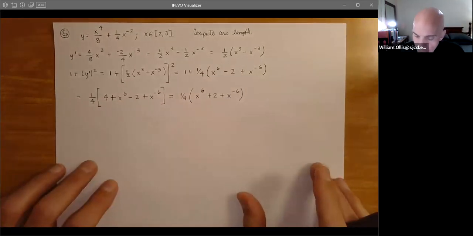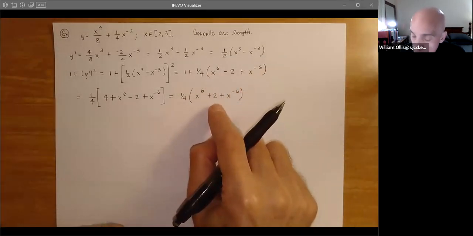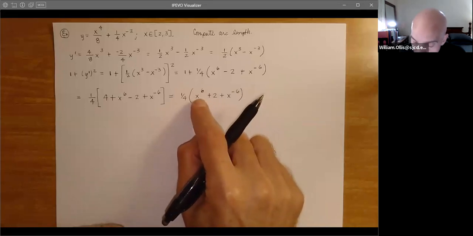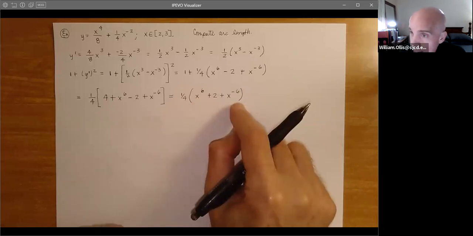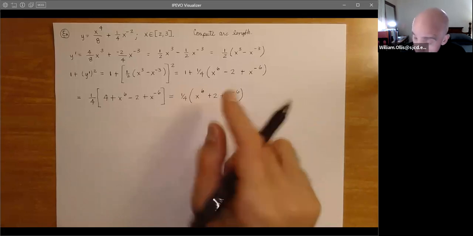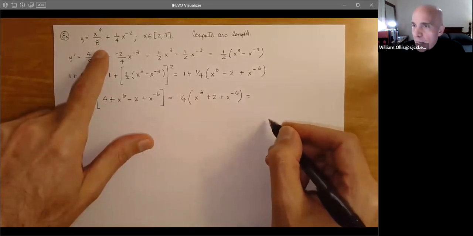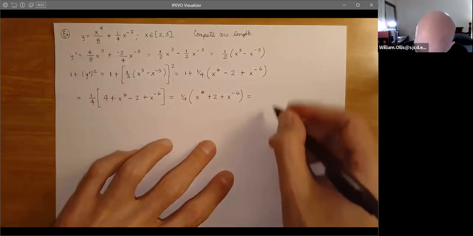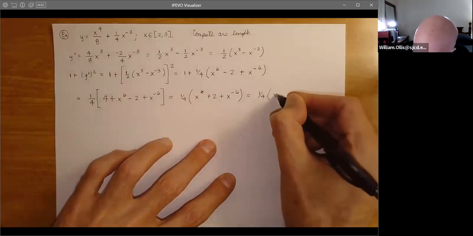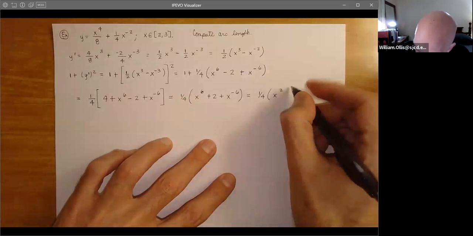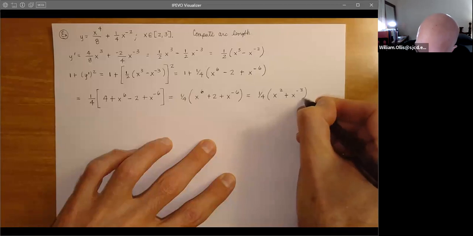Now, when you look at this and you're thinking, well, this is kind of like going backwards, we get another perfect square here. That is, we've got the x cubed, x to the -3, and then the product times 2, which gives us 2. So this is a perfect square. So you want to look for the perfect square when you have these algebraic type curves, okay? So now this will be 1/4 x cubed. So it's like we're going forwards to go backwards, plus x to the -3 quantity squared.